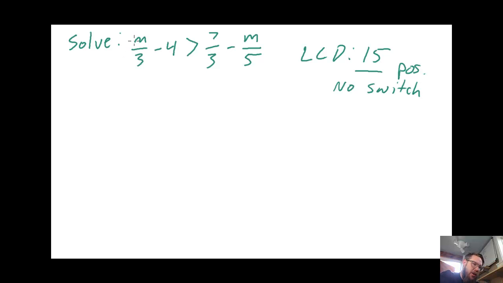So I'm going to just write that here. Okay. So that will give me 5m minus 60.